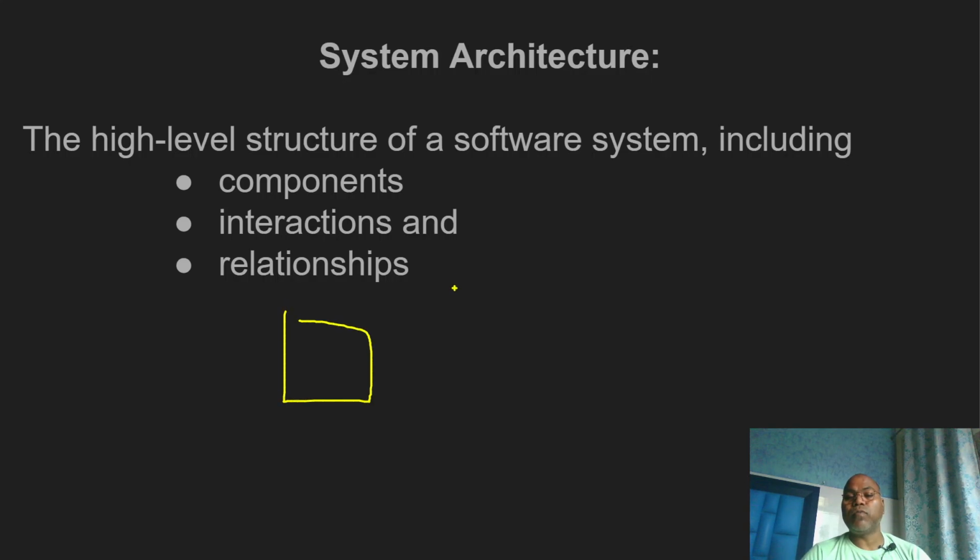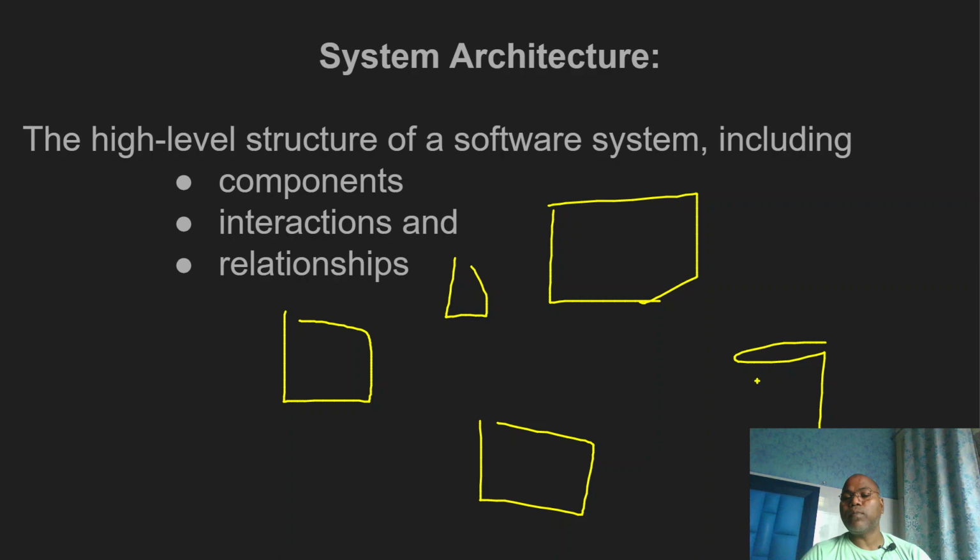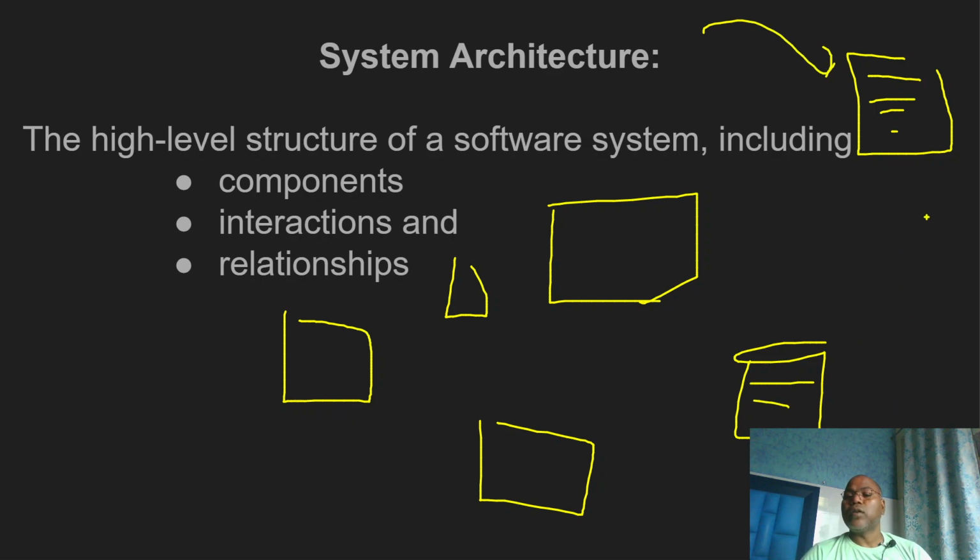So whatever you do, you are defining my architecture. This is component 1, component 2, component 3, component 4, maybe a database component, maybe some third-party library, maybe some file system. Lots of components we are talking about. We are storing some data in a file system, some database, some search engine. These are different components, different functions.